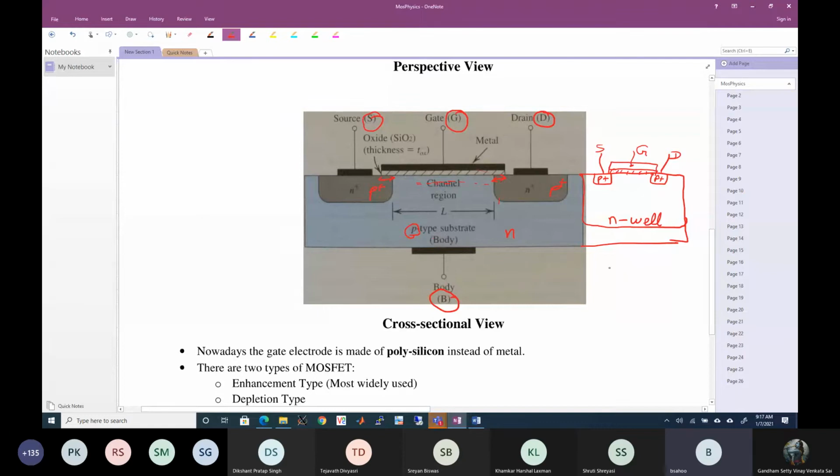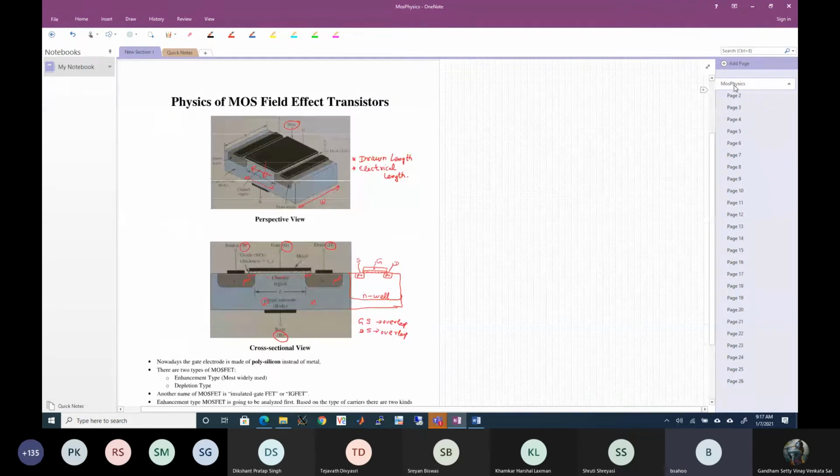So there is a gate source overlap, which is not desired, and similarly there is a drain source overlap. It is not desired, but it happens because of the way the device is fabricated.